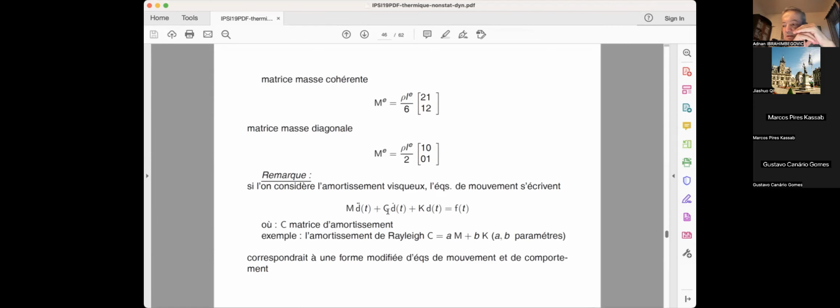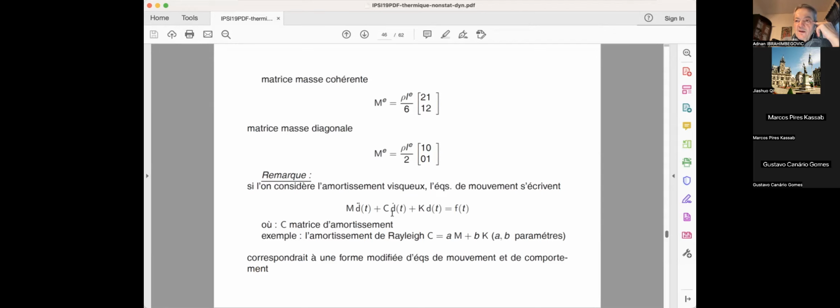When you do these experiments, the vibration starts and after some time stops. And if you monitor the amplitude of vibration, you can see it reducing exponentially. So the one model which fits nicely into this type of solution is viscous damping, where you say that the damping phenomena are represented by a damping matrix C, proportional to the velocity, d dot of t.